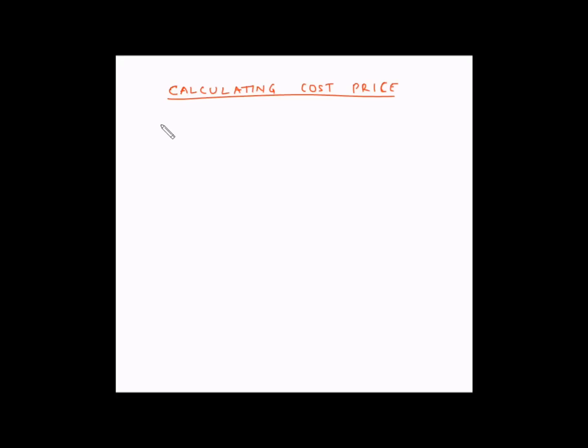Let's see how to calculate the cost price of an item with different kinds of data available to you. Let's say that you are discussing with your friend, and your friend tells you that he sold some shares at rupees 77.